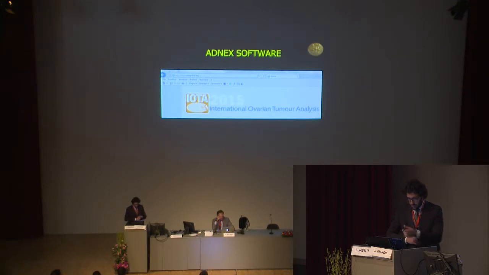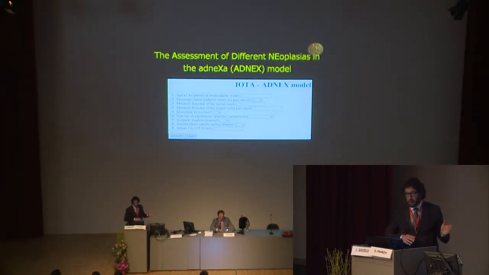It is available as an application for smartphone or freely available on the web. So anyone can have it on the same PC on which we write the ultrasound report. And this is the layout with 9 different variables.